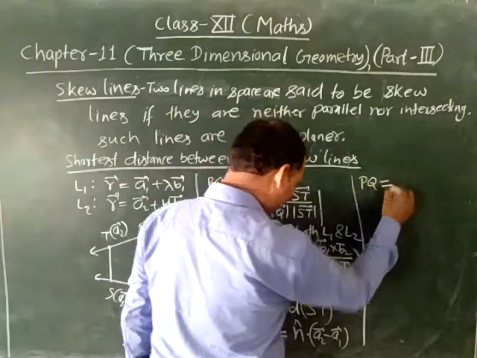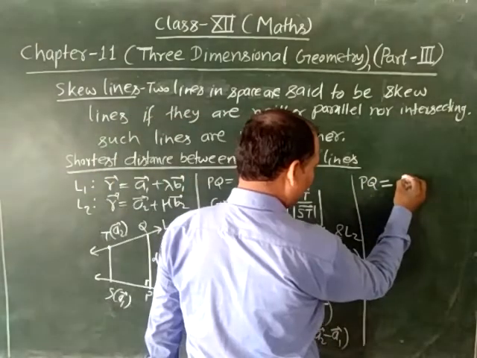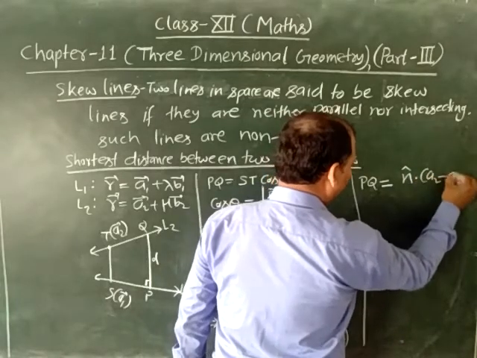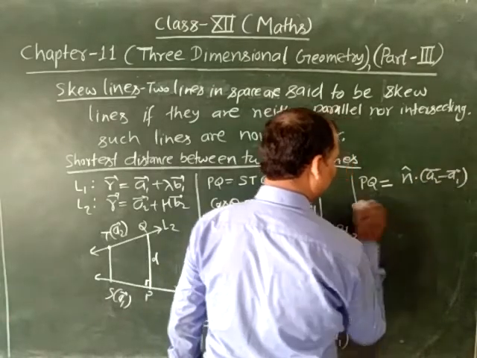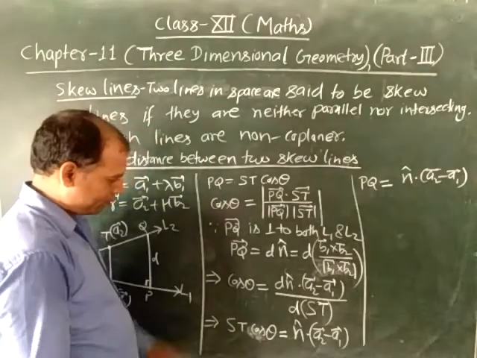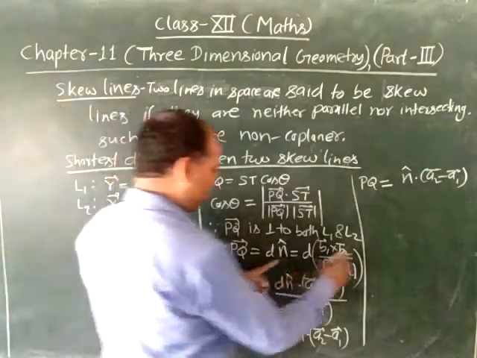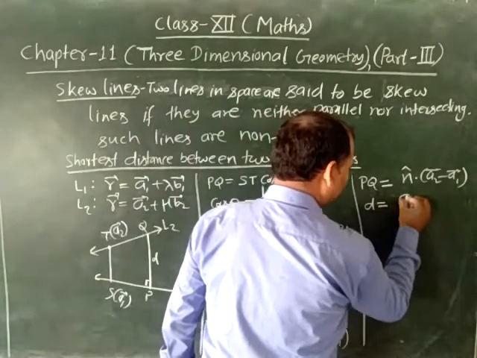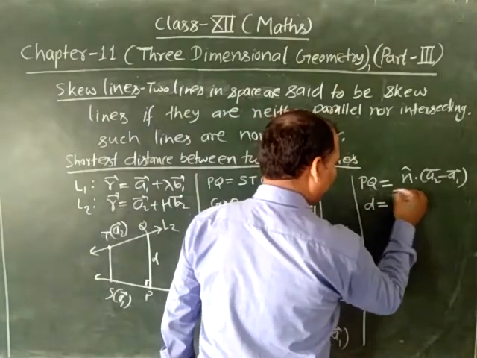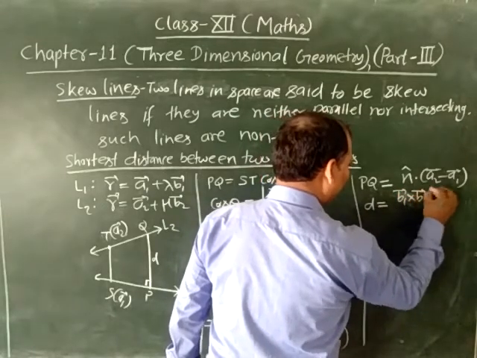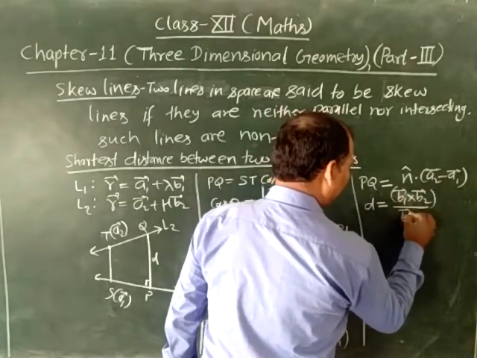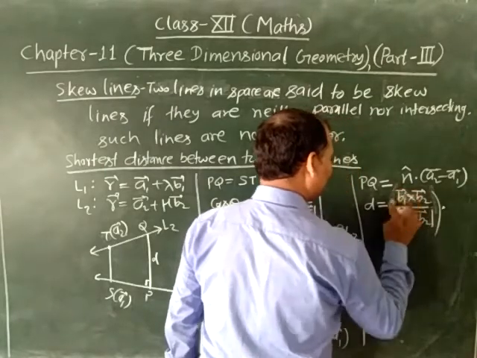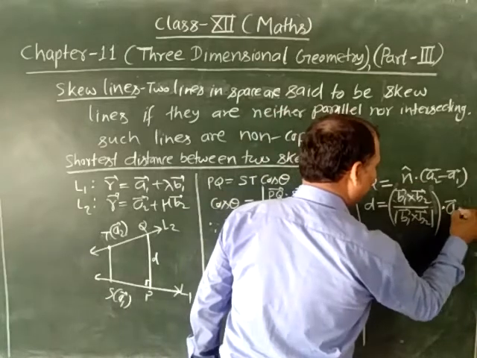So PQ is equal to n cap dot A2 minus A1, and PQ is equal to D. So D equal to, n cap is V1 cross V2 divided by modulus of V1 cross V2, dot A2 minus A1.